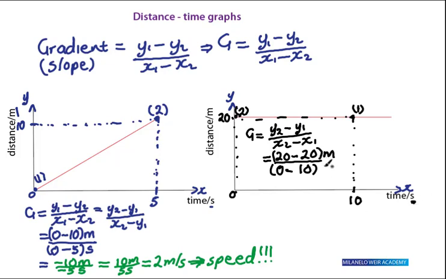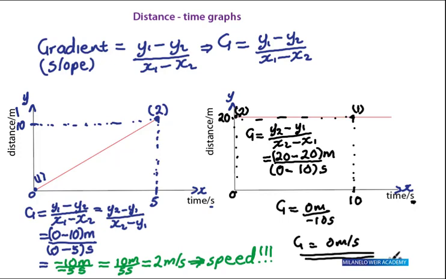So G is equal to 20 minus 20, which is 0 meters, divided by 0 minus 10, which is negative 10 seconds. So the value of G is 0 meters per second.